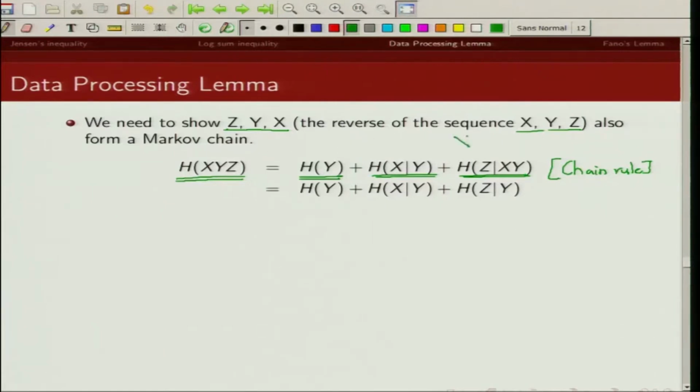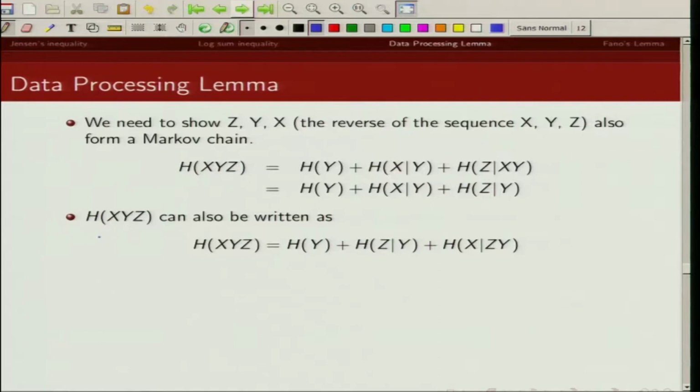Now since x, y and z form a Markov chain, we know that uncertainty in z given x y is the same as uncertainty in z given y. Okay. So we can write this joint entropy of x, y and z as h of y plus h of x given y plus h of z given y.